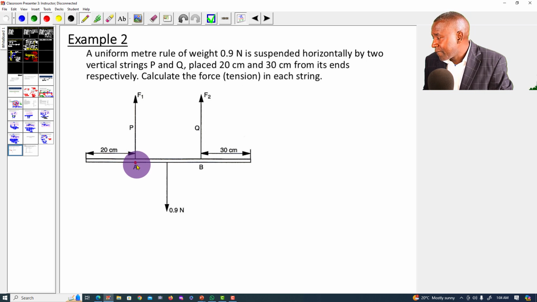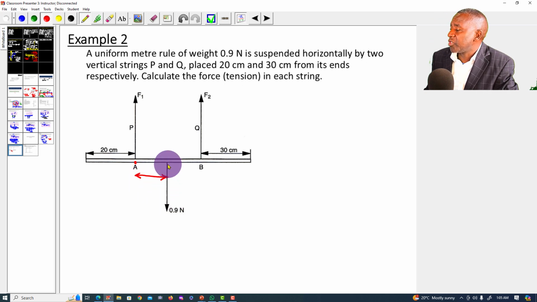You'll find that the force whose line of action passes through point A, its moment about that point will be 0. Okay? And then, how far is this from point A? How much is this distance here? Can we be able to get it? Given that this 0.9 acts at the geometrical center of this meter rule.